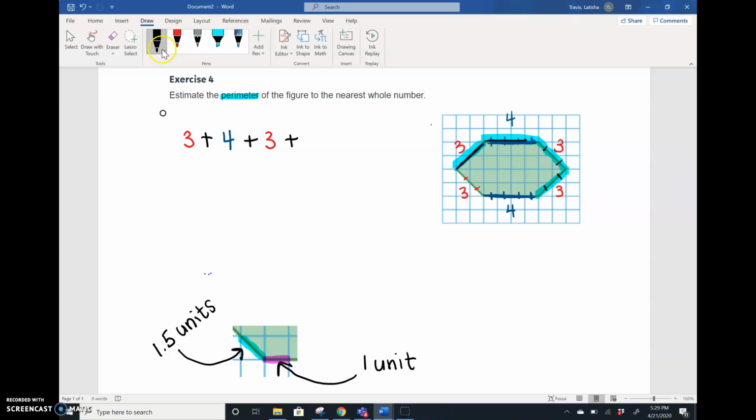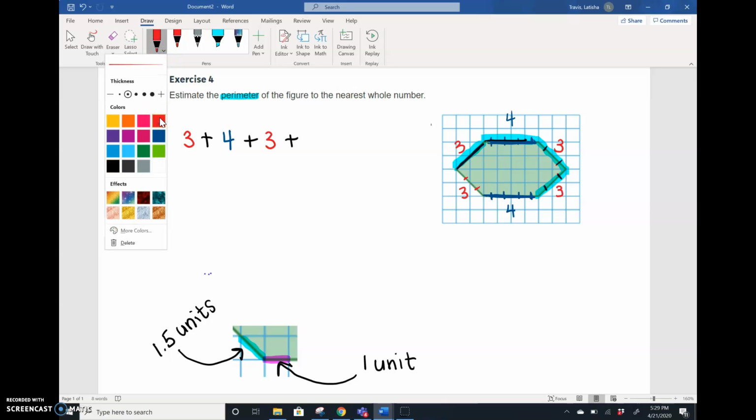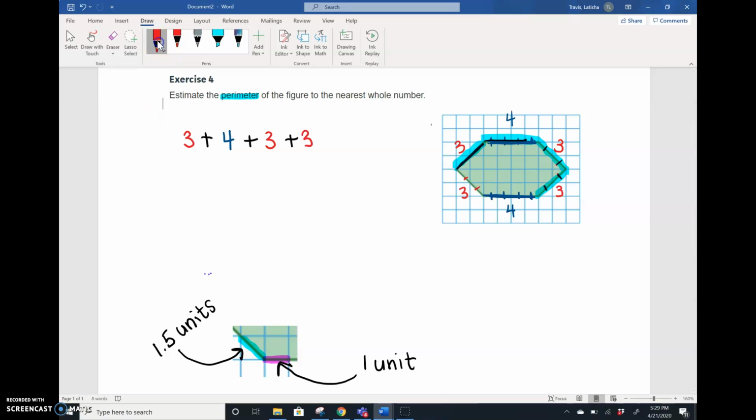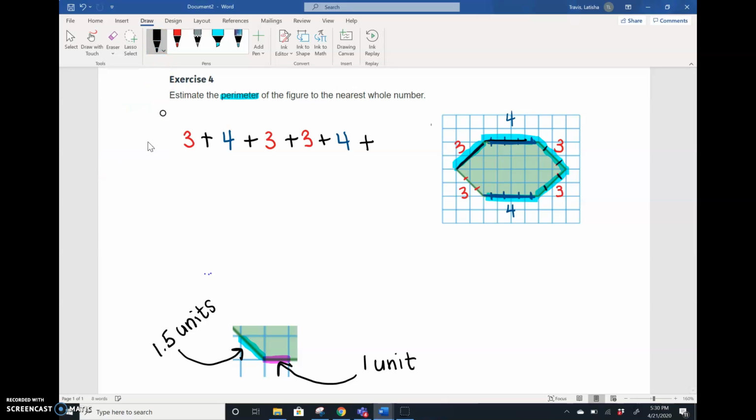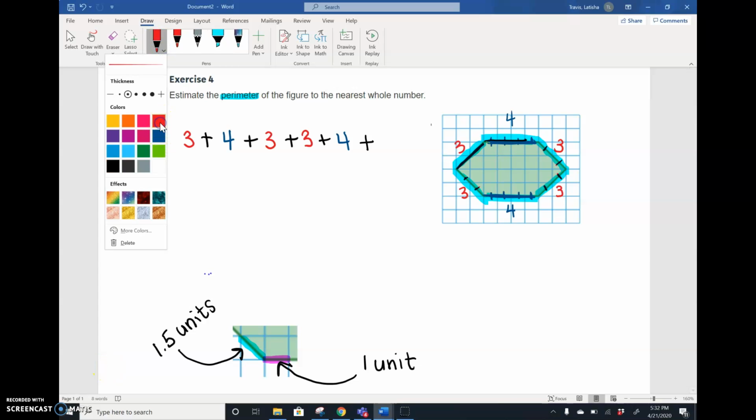So that's plus another 3. Then we're going to add the 4 units down here, plus our final section, which is a length of 3.